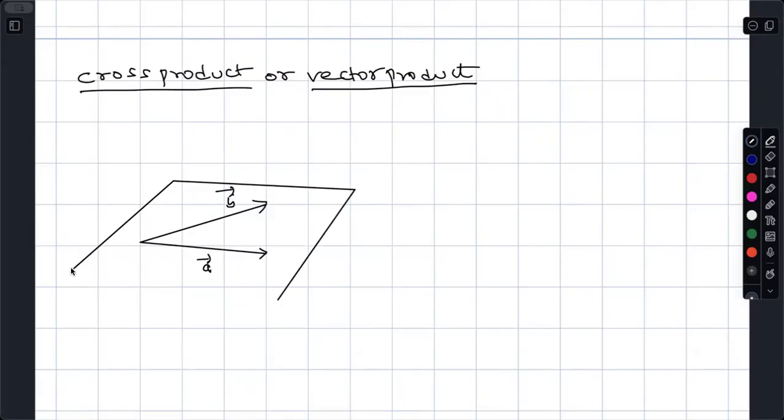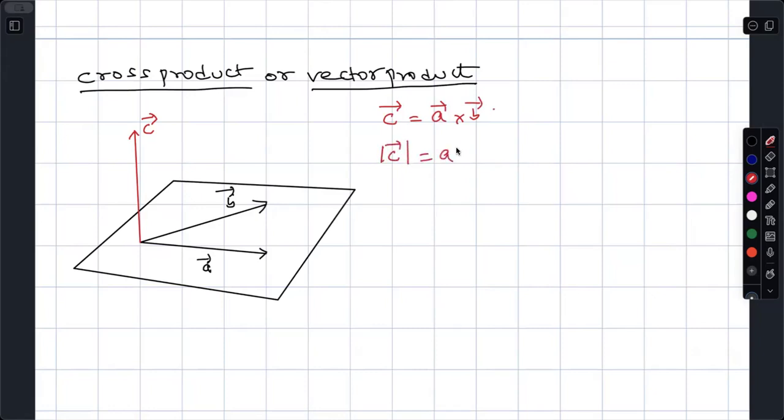Both the vectors lie in this plane. The cross product of A bar and B bar is defined like this. Let it be a vector called C bar. Remember, the vector is perpendicular to the plane containing A bar and B bar, such that C bar is defined as A bar cross B bar, and the magnitude of C bar is defined as A into B into sine theta.